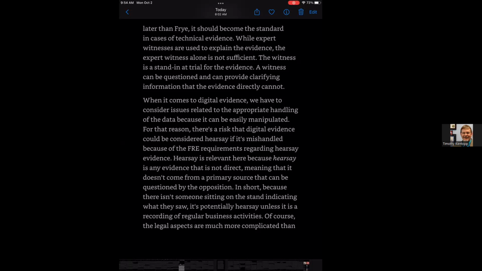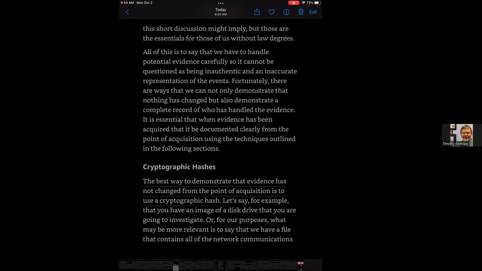Except that with technical evidence, most people that are considering that evidence are not technical experts. They don't know how to interpret the evidence, right? So the interpretation of technical evidence is potentially hearsay unless there's agreement among experts.